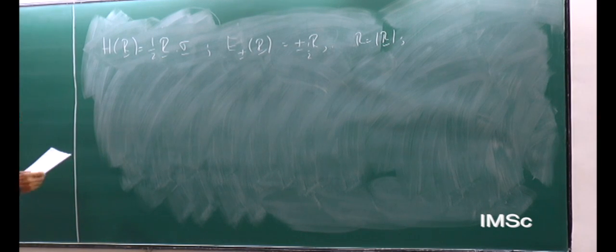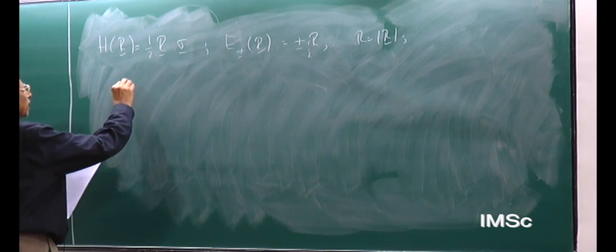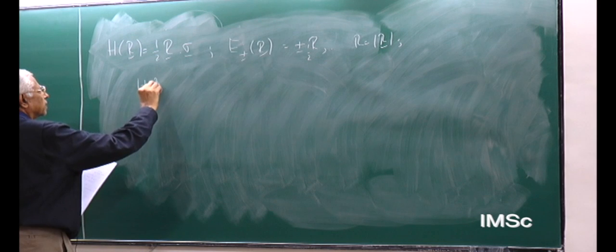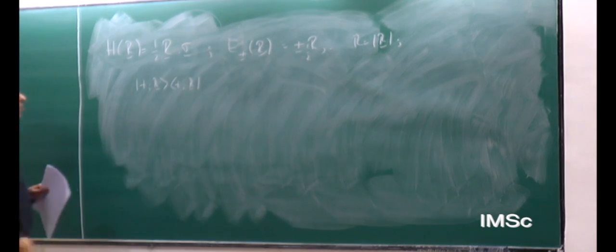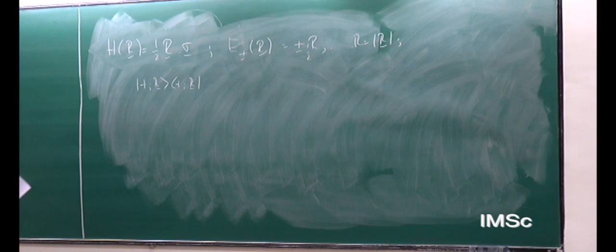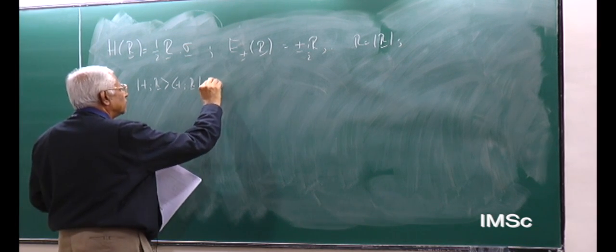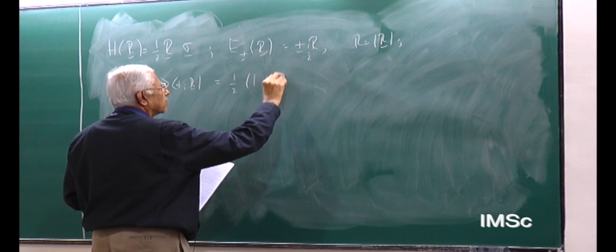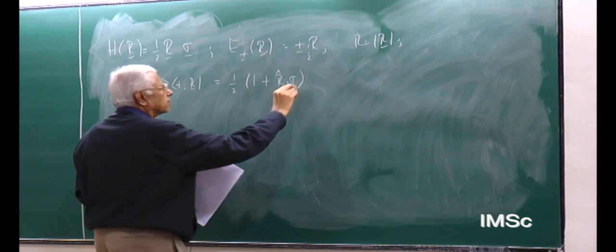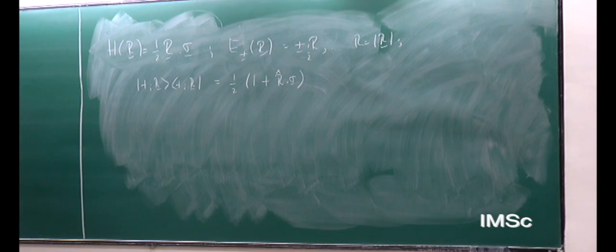Then if you take the upper eigenfunction, the projection onto that eigenfunction, you can convince yourself it is this projector 1 plus unit vector along R dot the Pauli matrices.